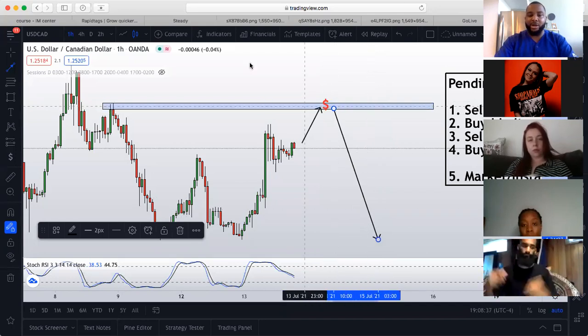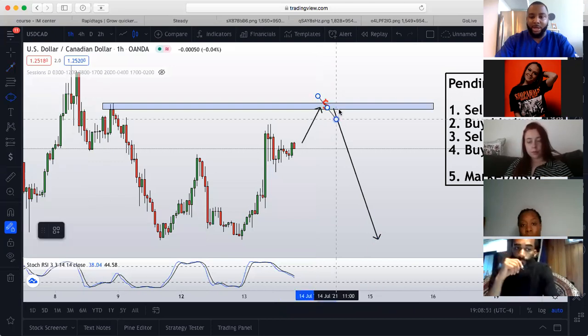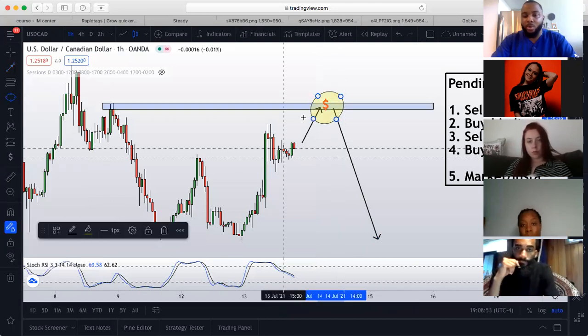Instead of sitting here and waiting for the market to hit that exact price point, where up here it's at 1.25565, we can set a sell stop at this given area. Okay, so we could put a sell stop right here. And what we're looking for is the market to come up, hit this area, and drop.